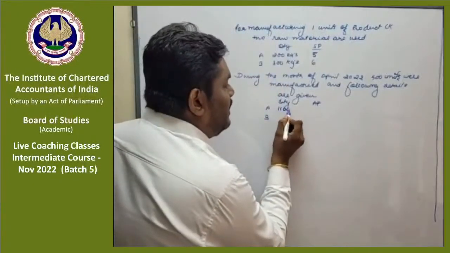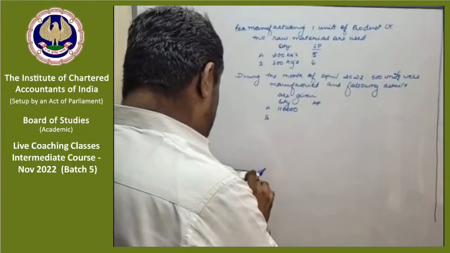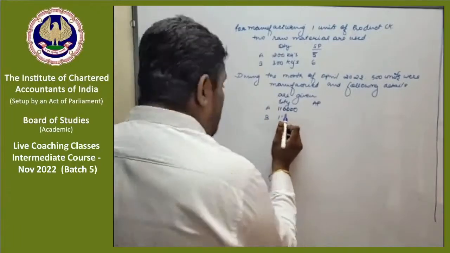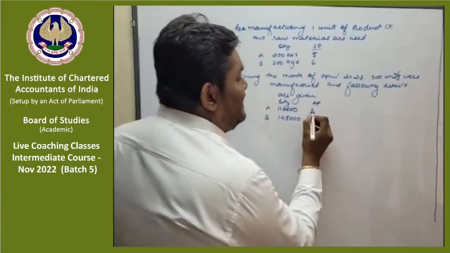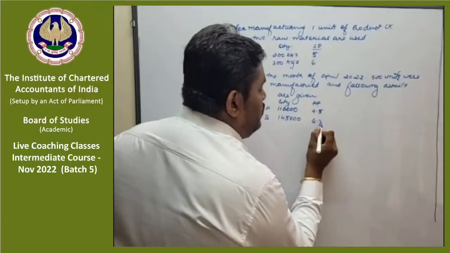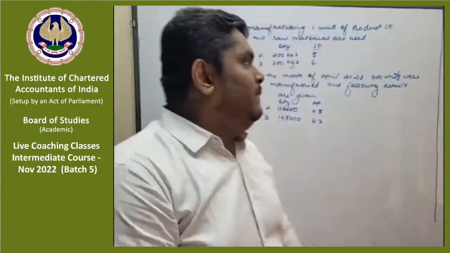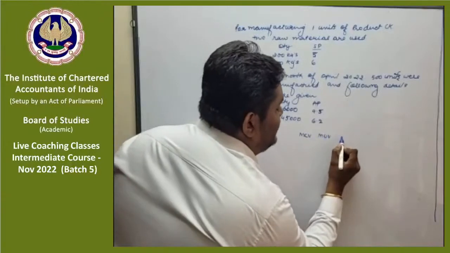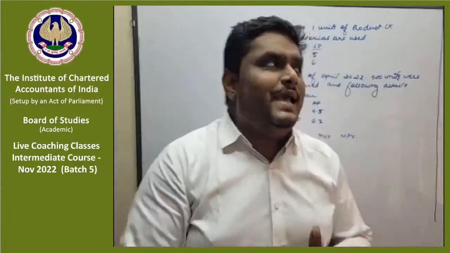One lakh 10,000 kgs of A and 1,45,000 kgs of B. The price is given 4.5 and 6.2. You are required to calculate material cost variance, material usage variance, and material price variance. So waiting for your answers, guys.